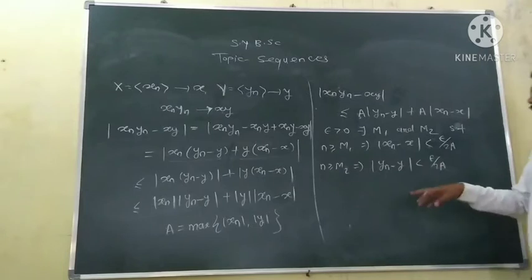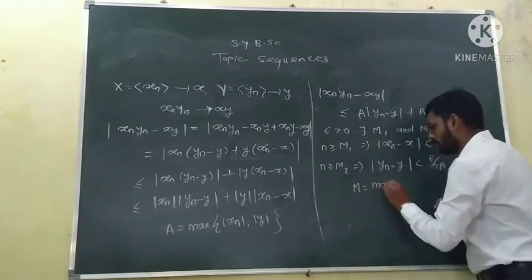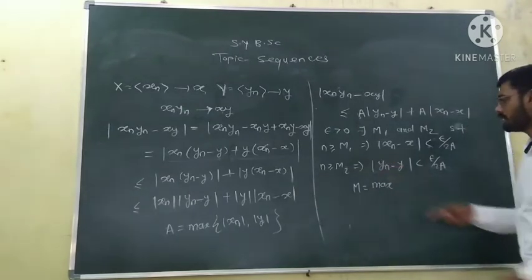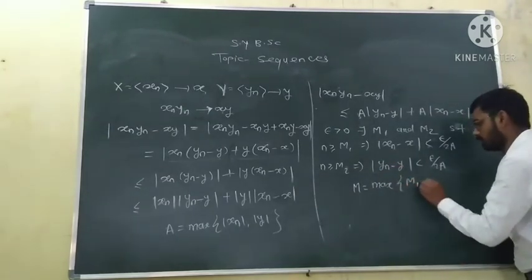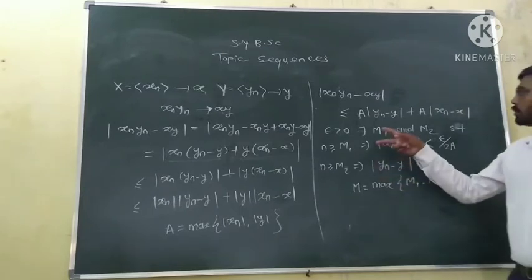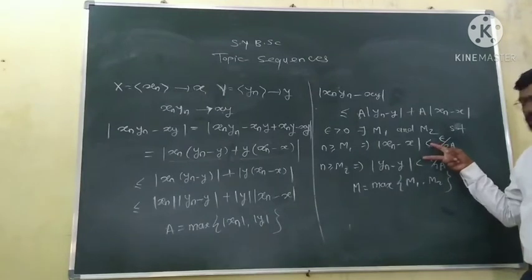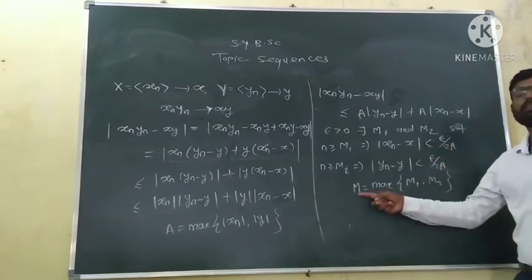So if we choose m equal to the maximum of m1 and m2, then these two inequalities are satisfied for a single value of m.